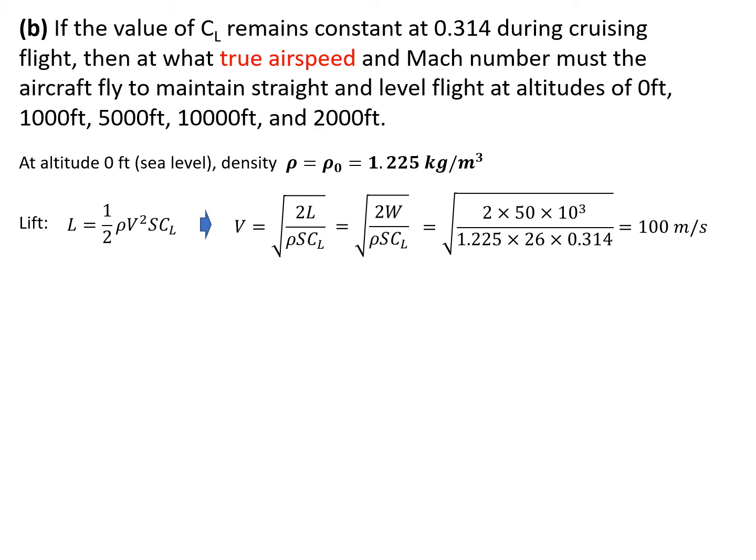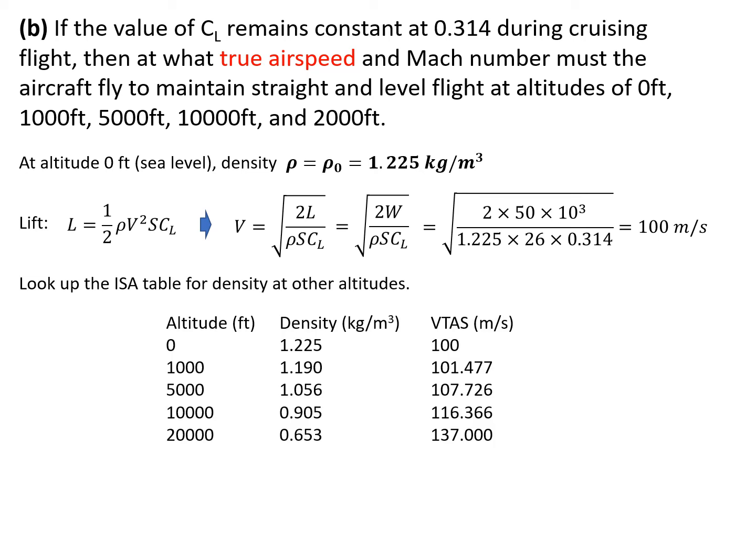Okay, so now let's work on the other heights. I already listed the answer in here, and because we know with the increasing altitude, the density also changes, for each individual altitude we need to look up the ISA table, International Standard Atmosphere, to find the density at each altitude.